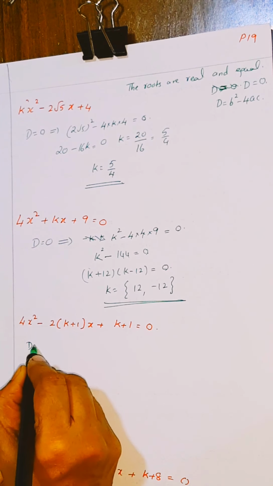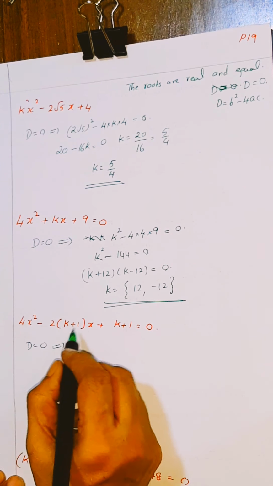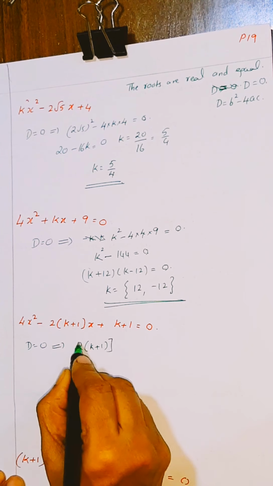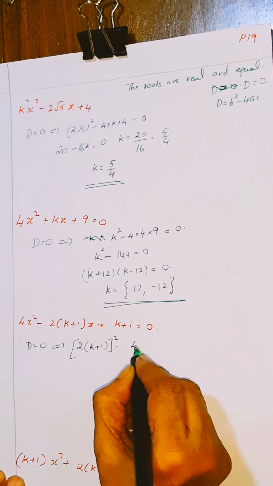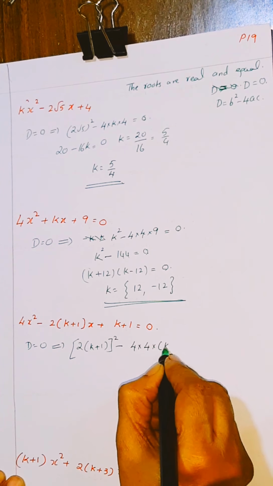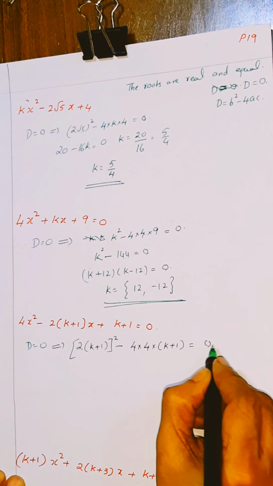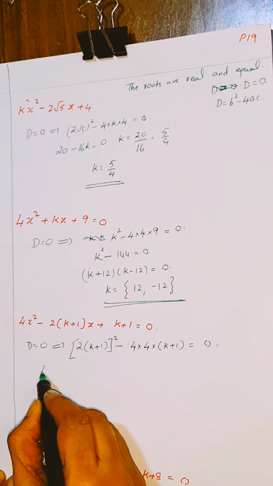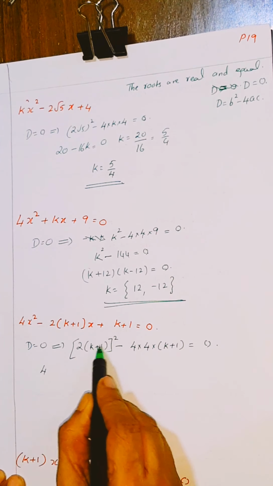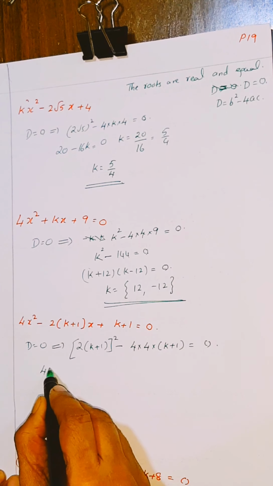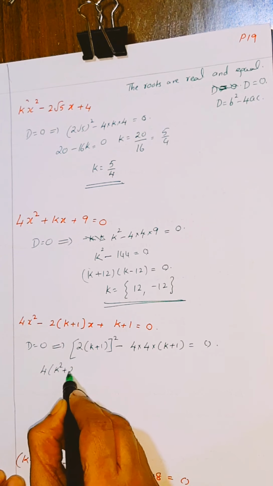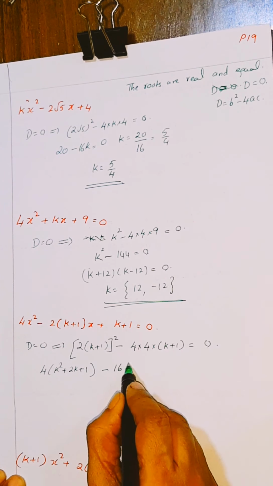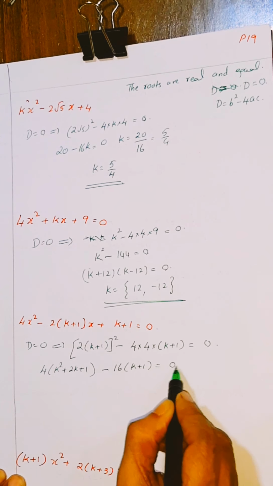Now here D is equal to 0. b squared is 2 into k plus 1 the whole squared, minus 4 into k plus 1 into 4 equal to 0. So this will become 4 into k plus 1 the whole square, which is k squared plus 2k plus 1, minus 16 into k plus 1 equal to 0.